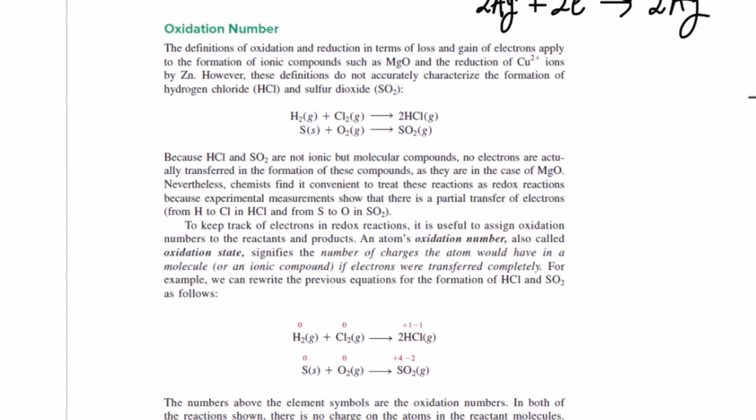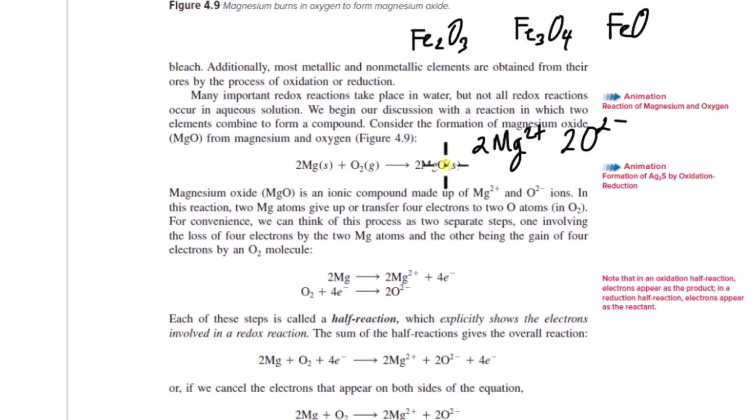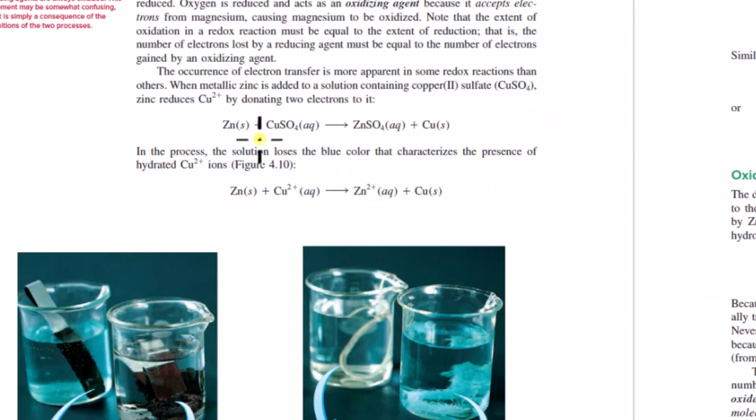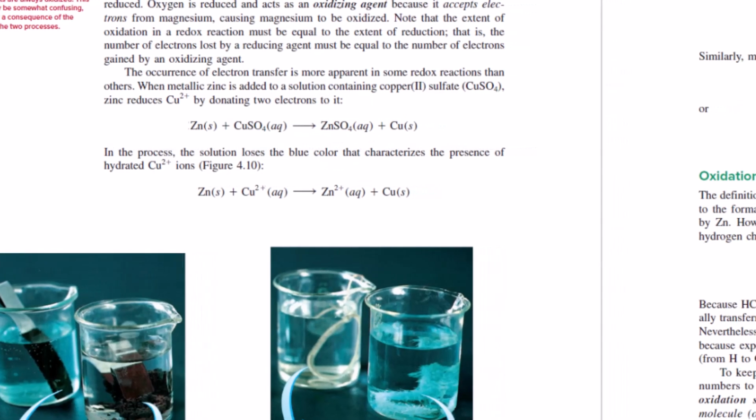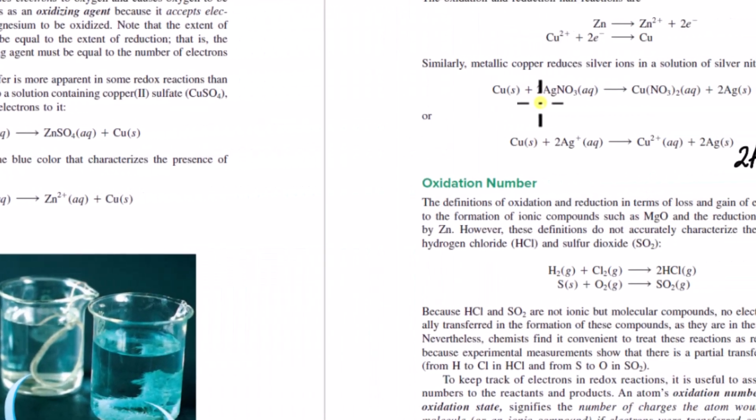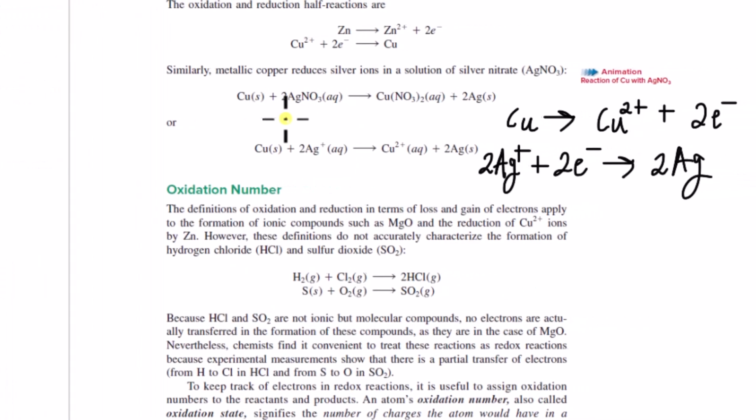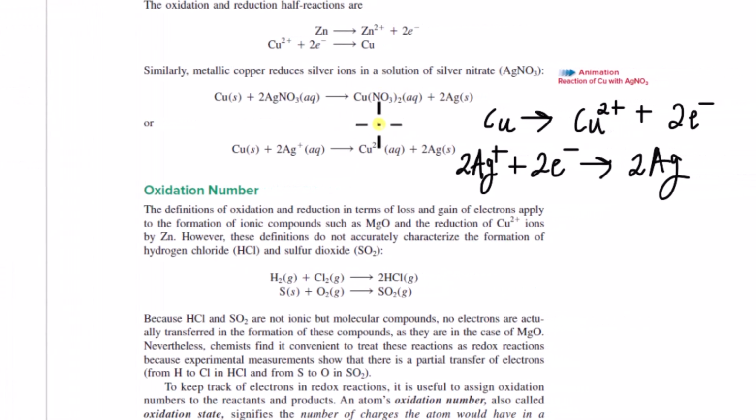So let's see, we had magnesium oxide, right? Here we had copper 2 sulfate, zinc 2 sulfate. Here we had silver nitrate and copper 2 nitrate.